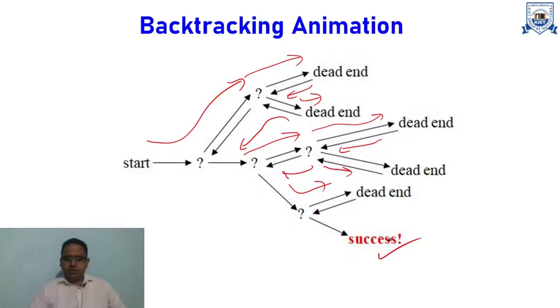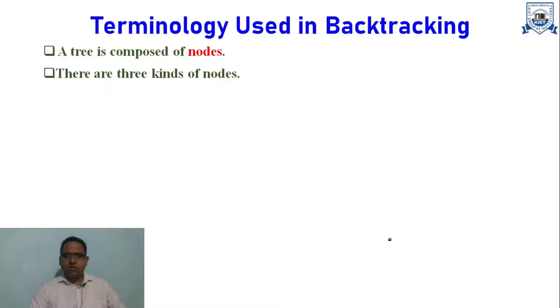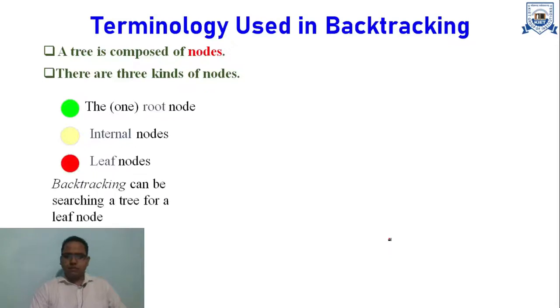Now, terminology used in backtracking. We know that in a tree we have nodes. There are three kinds of nodes: a root node, some internal nodes, and some leaf nodes. Backtracking is nothing but drawing a tree and searching the tree to find our goal leaf node, our success leaf node.